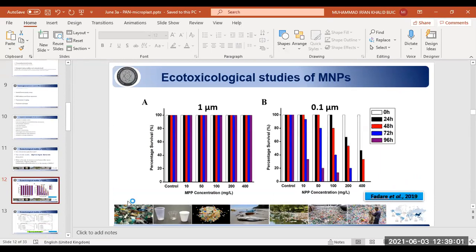We also established the size, to confirm what the manufacturer put there, using a nanosizer. The size for the 1 micron is between 1 and about 1.2 micron, while the 0.1 micron is about 80 to 100 nanometer. I don't know whether I've answered the question.